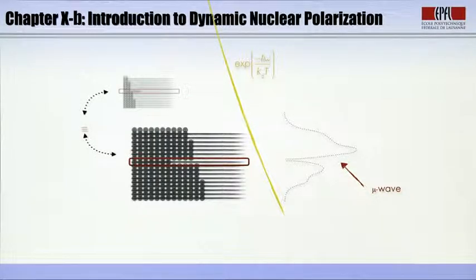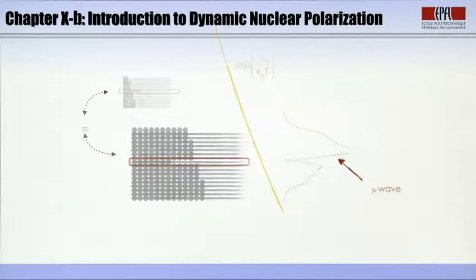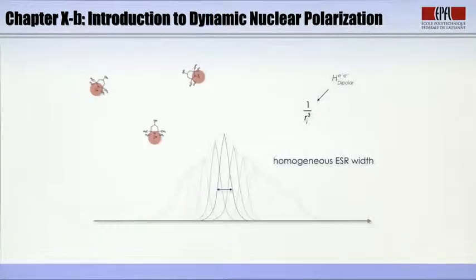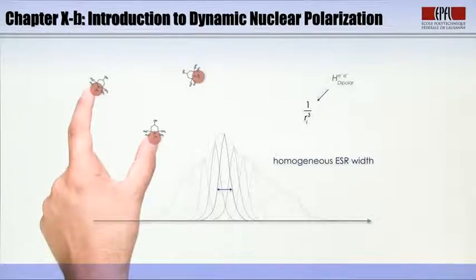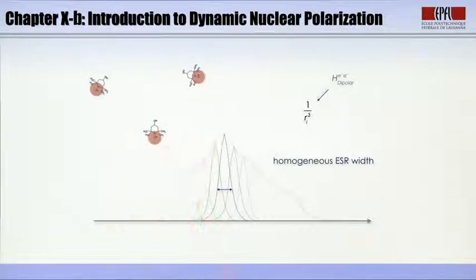Now I told you that there was a third broadening mechanism that was also very important, and that is called the homogeneous broadening. The width of the homogeneous broadening depends on the strength of the dipolar coupling between the electron spins, which grows with 1 over r to the power 3, r being the distance between the electron spins.